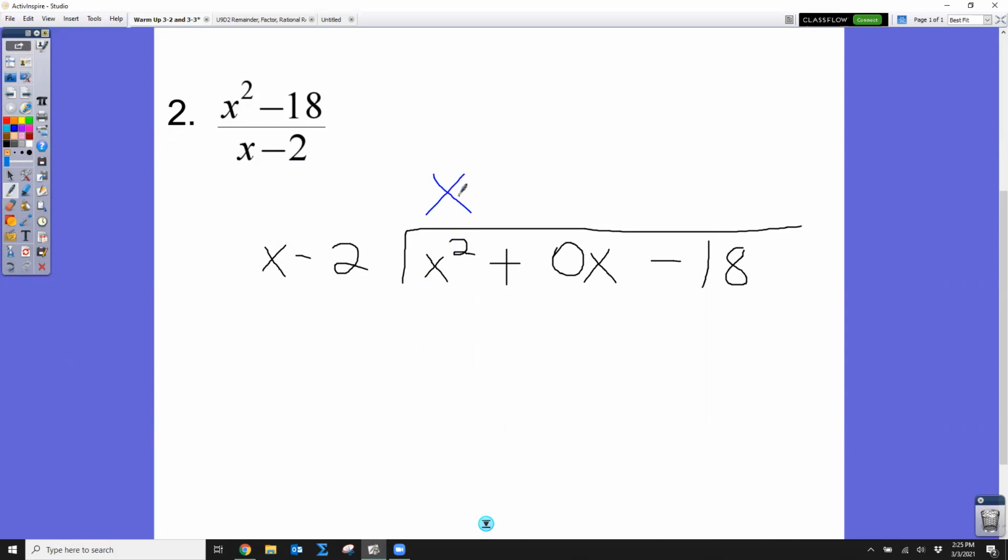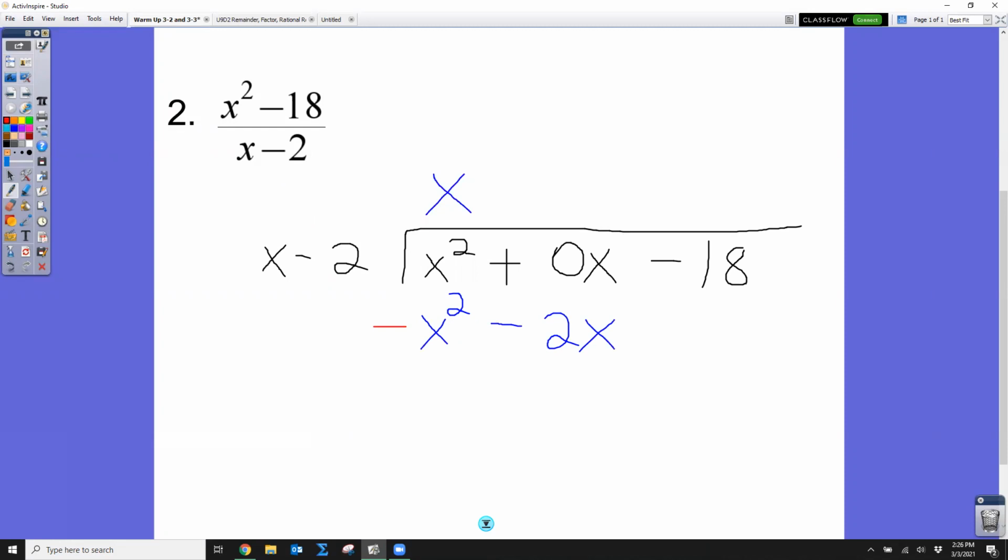And then we'll just take this x and distribute it back over here to the x and the 2. So x times x is x squared. And then x times negative 2 gives us that minus 2x. And then just like you've always done in the past with long division, you always subtract. So you may have heard your teachers in the past just basically say, hey, just change the signs on everything.